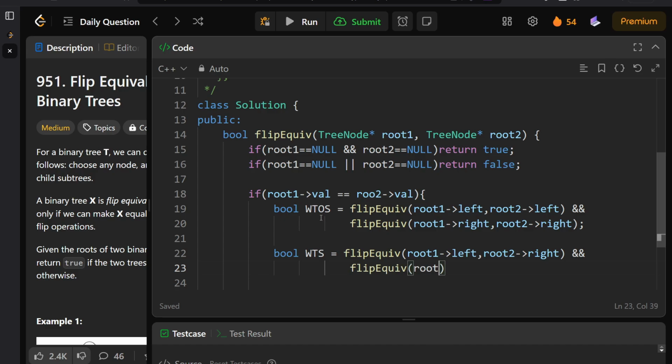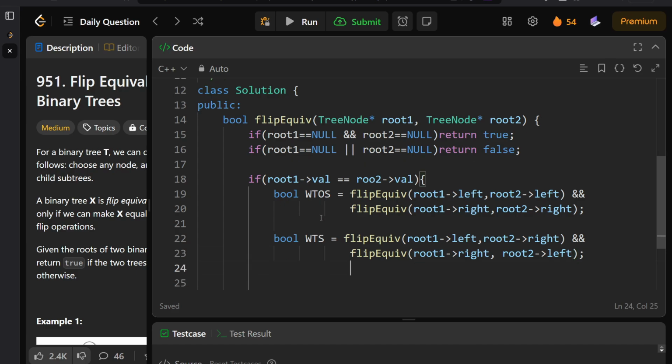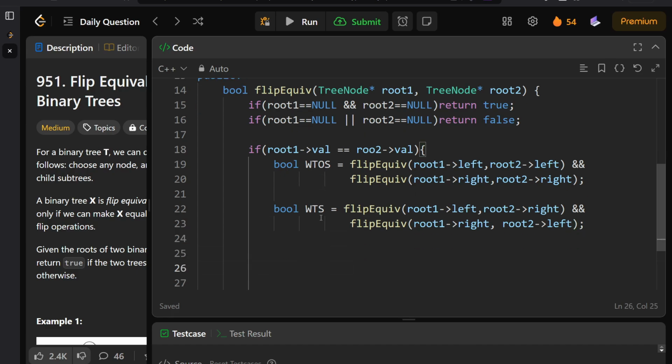And also check whether root 1's right child is equal to root 2's left child. Nice. Now I have faith that these two will give me a return value. So in that case we simply return the without swapping or with swapping result.